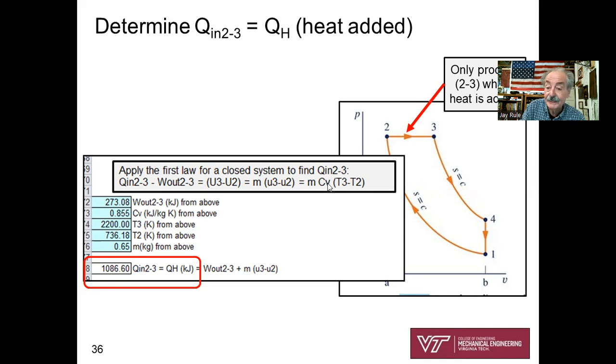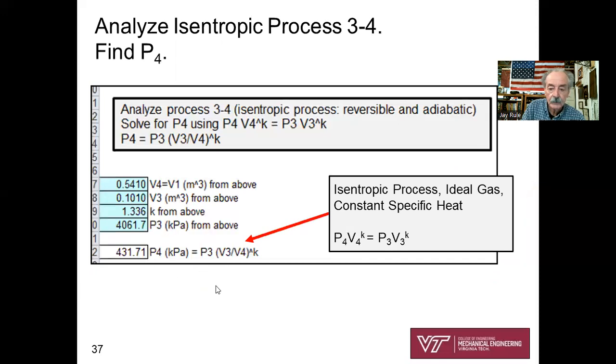The integral of CV dT is easy. So again, plug and chug, Q in is 1086.6 kilojoules. This is really moving fast because we can do our computations much faster. There's no interpolation to do with the constant specific heat ideal gas model.